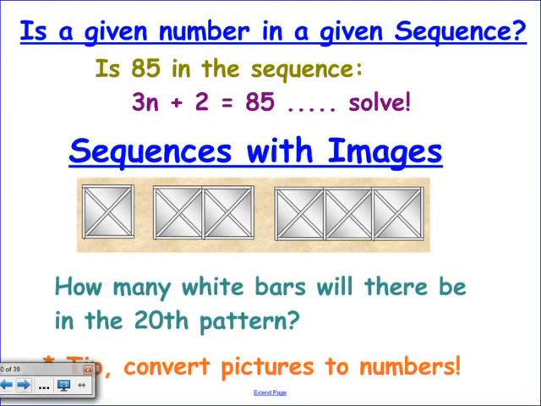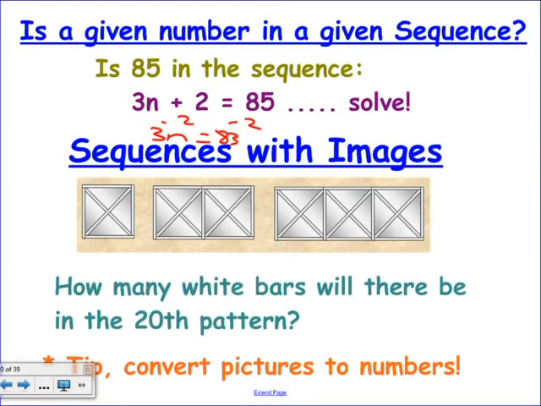So if I said to you, is 85 part of the sequence 3n plus 2, which was that thing we've just done with 5 and so on, all you need to do is turn it into an equation and solve the equation. Does that equation look familiar? Should do. It's a two-step equation. Step 1, take away 2 from both sides. 3n equals 83. Does 3 go exactly into 83? No.